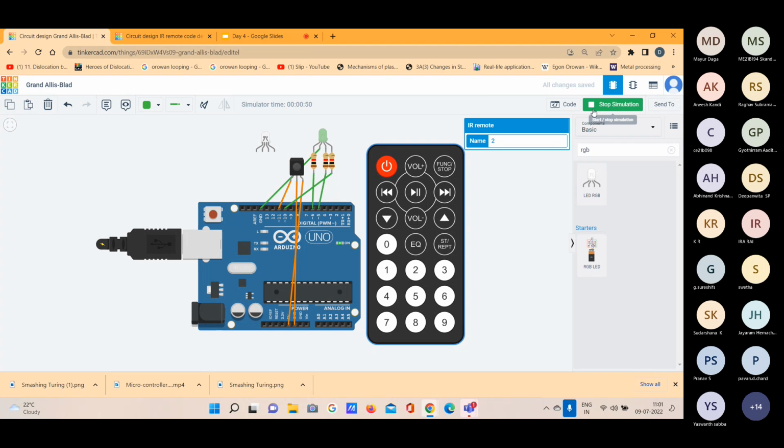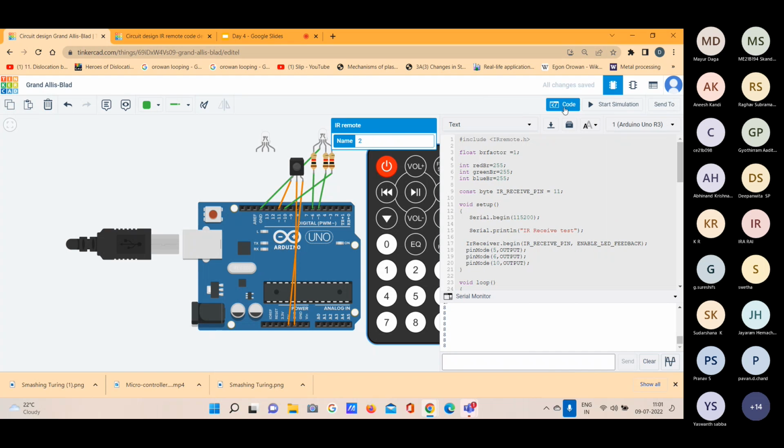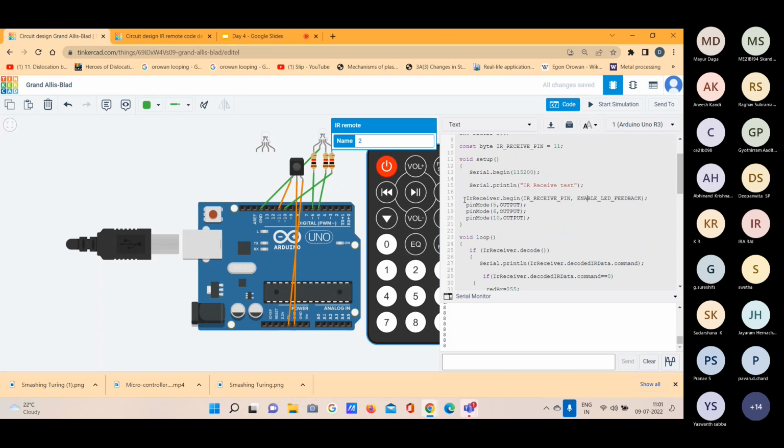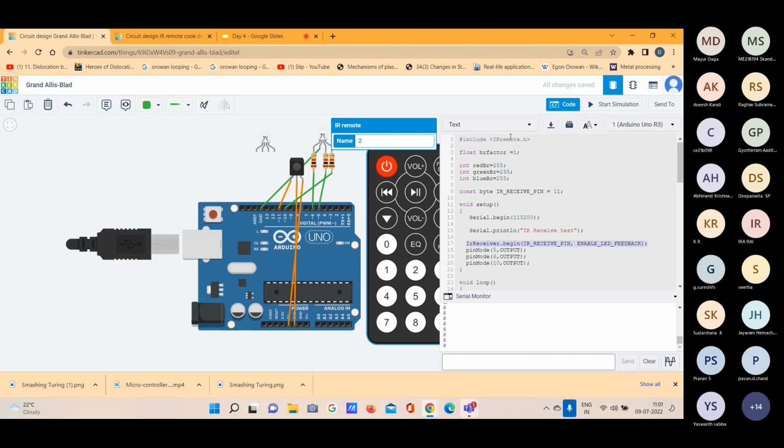Okay, so now we'll see the code. Before getting to the code, I have made some changes in it, like I added the receive pin and enable LED feedback. These are some of the new functions which I have used, and I'll just go through what each does.